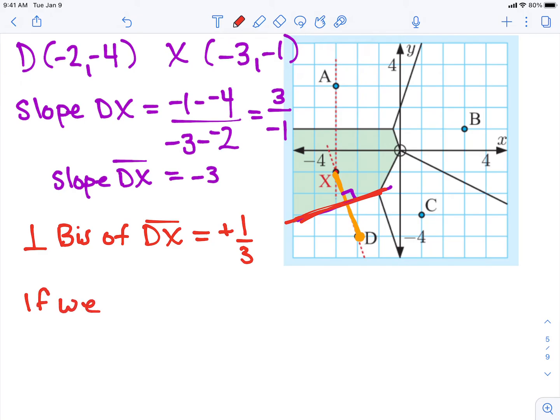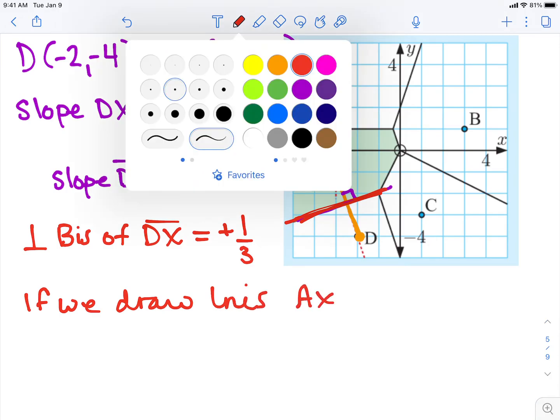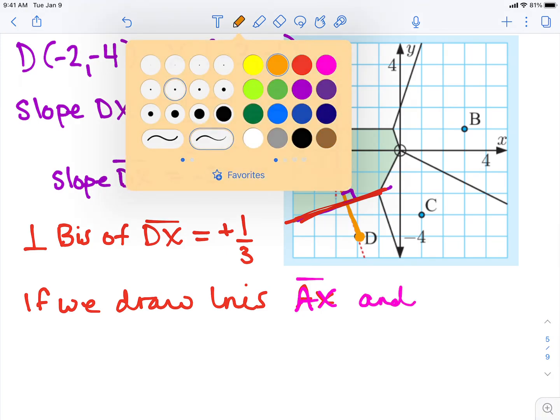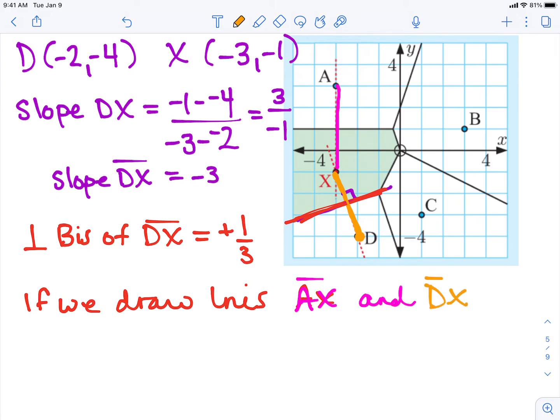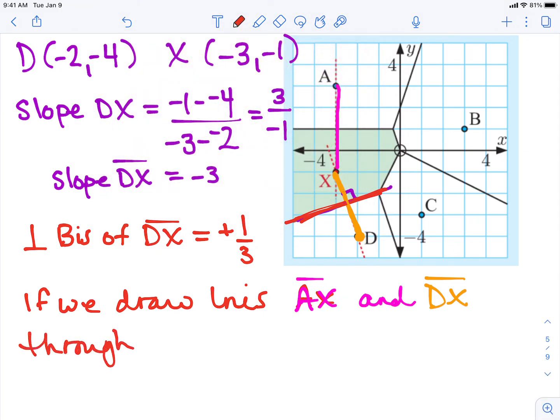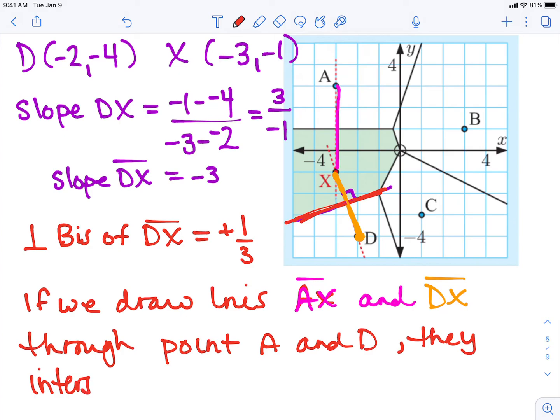All right, continuing on. If we draw lines AX, so here's A to X, dashed line, color that in pink, and DX, dashed line, through point A and D, they intersect at point X. So here is its intersection.